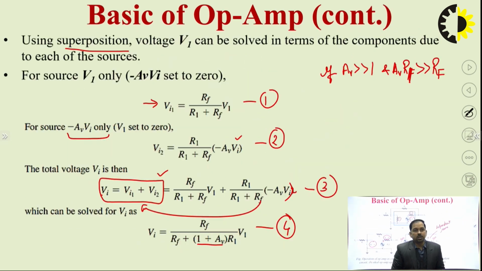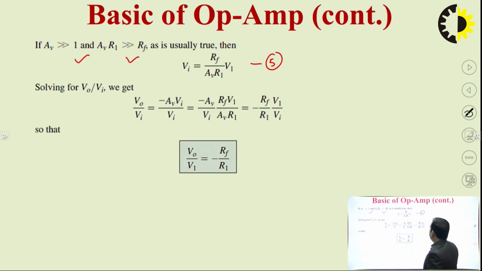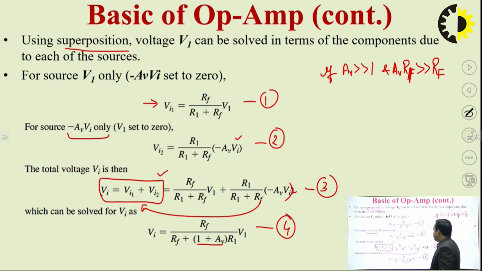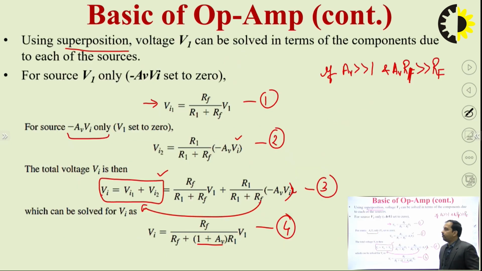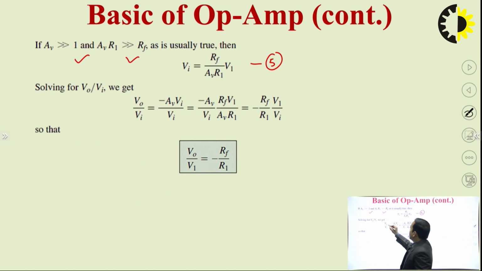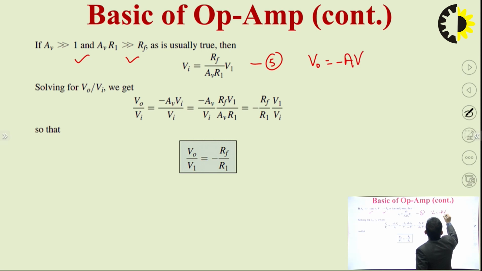We have one equation in terms of Vi and V1, and the second equation we can have is V0 equals minus AV times Vi. Let's say this is equation number 6.